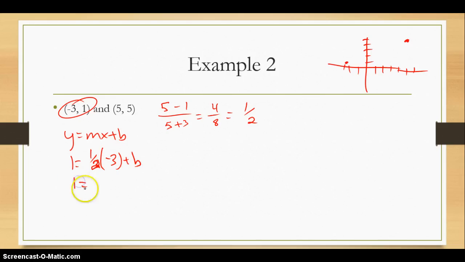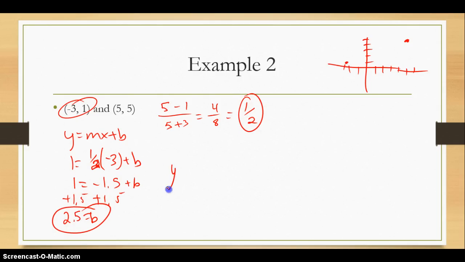So 1 equals, we know that a half times negative 3 is negative 1.5 plus b. Add 1.5 over. We know that b equals 2.5. And remember, your m we like to leave as a fraction, and your b can be left as a decimal. So when I rewrite this now, it's y equals 1/2 x plus 2.5.